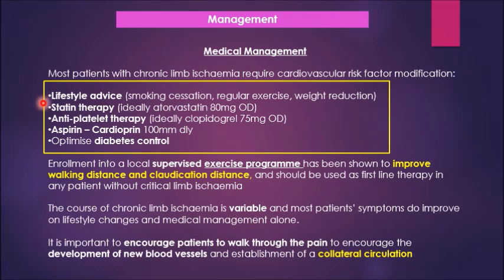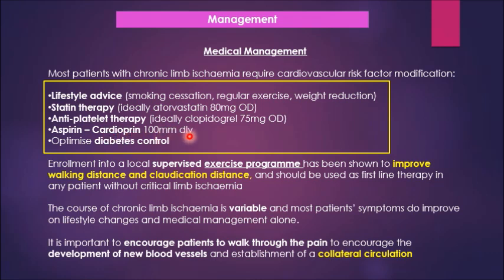Statin therapy, ideally atorvastatin, 80 milligrams daily, is very, very useful to reduce the lipid levels. Antiplatelet therapy, ideally you use clopidogrel, 75 milligrams per day. And some patients use other, milder forms of blood thinning, such as aspirin, which is cardioprin, 100 milligrams daily.